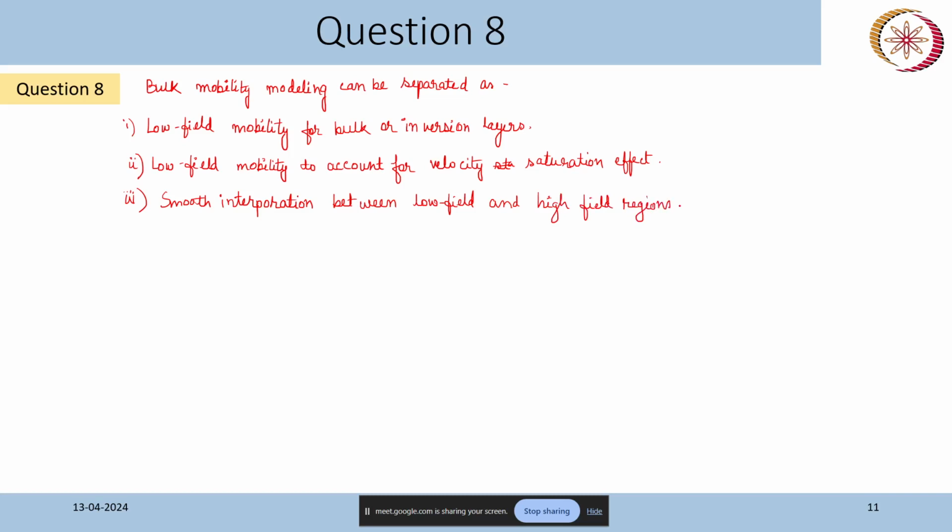Next statement is high field mobility to account for velocity saturation effect.